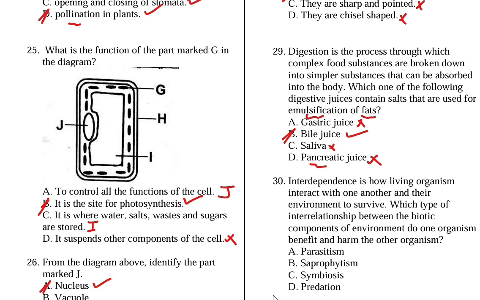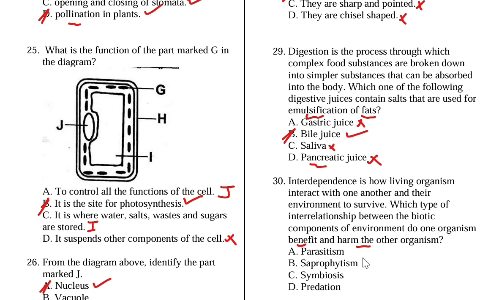Number 30. Interdependence is how living organisms interact with one another and the environment to survive. Each type of interrelationship between the biotic components of the environment, in which one organism benefits and harms the other organism. So the most important here is one benefits and harms the other. So it is not saprophytism.